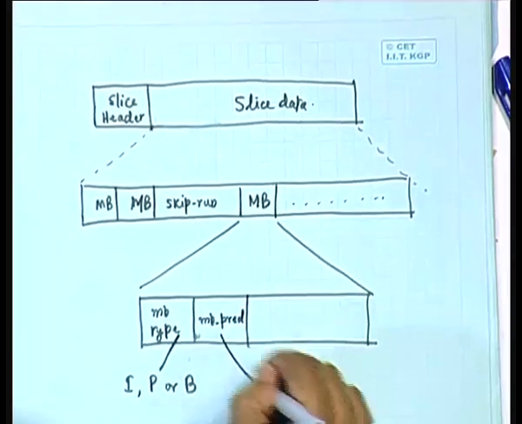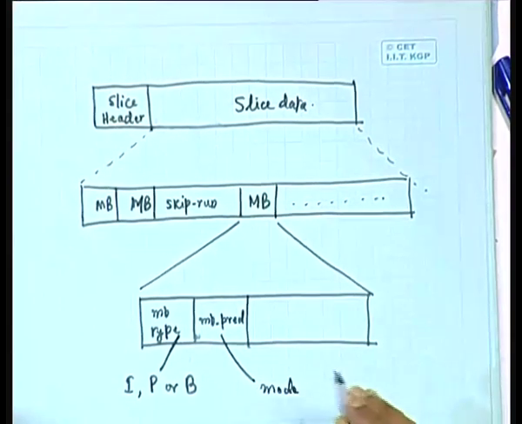MB pred specifies the mode of prediction, and I have already talked about the mode of prediction for both intra and inter predicted macro blocks. For intra prediction I already mentioned the directions and the DC, that is, all those 9 prediction modes, and for the inter predicted macro block we have the variable block size, which I have already mentioned.